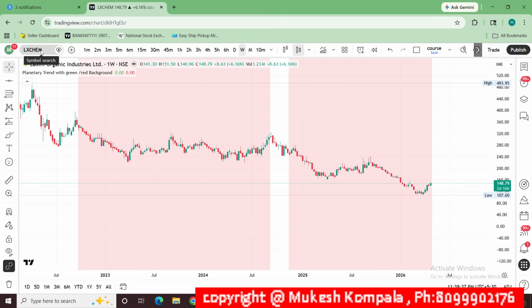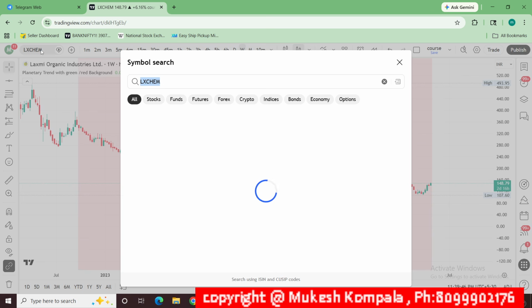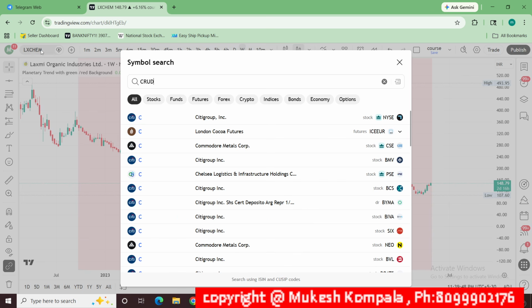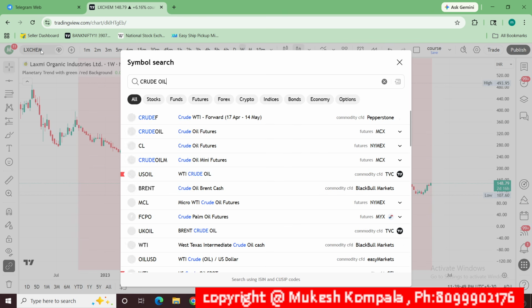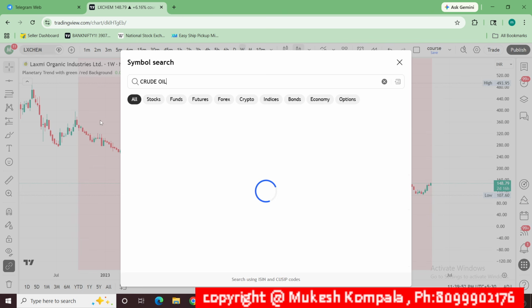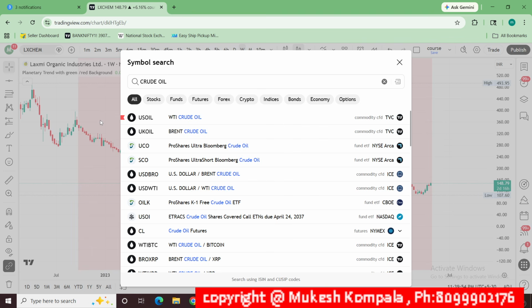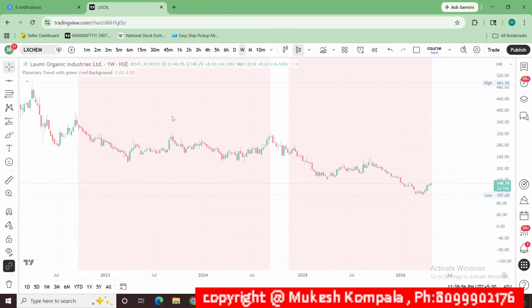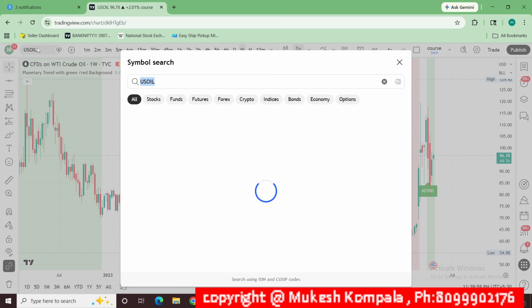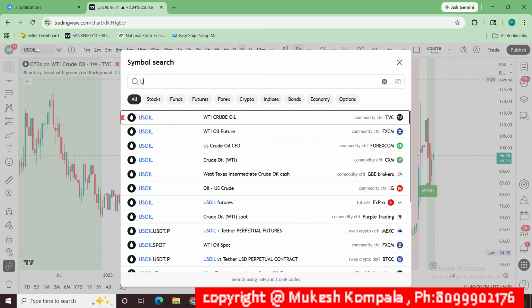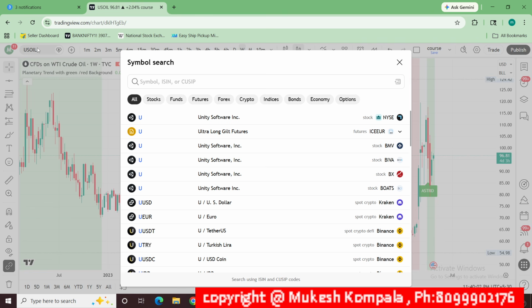Any doubts, Swapnil? If you want to check anything, one more stock? No, sir, just check for crude oil. Crude oil of US or Indian MCX? Indian MCX. Because MCX will not work perfectly, okay, no problem, check for the US one.